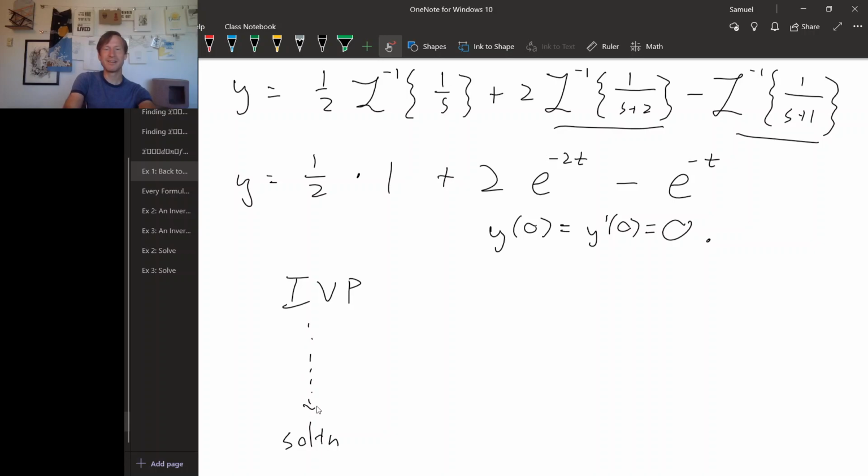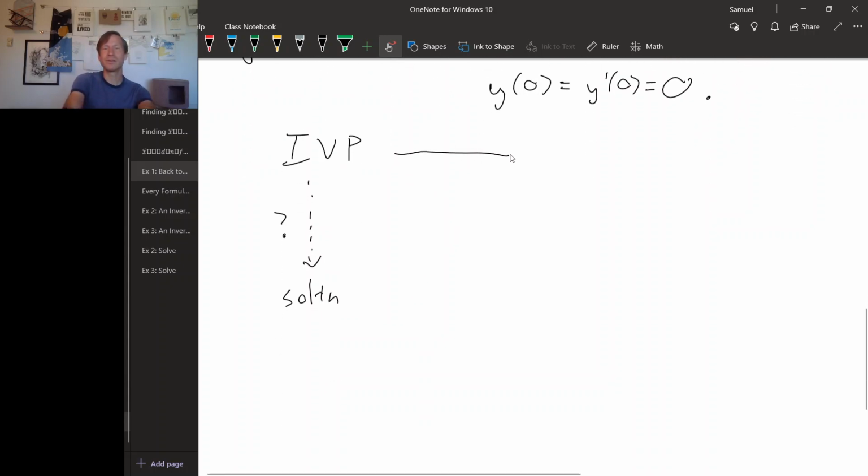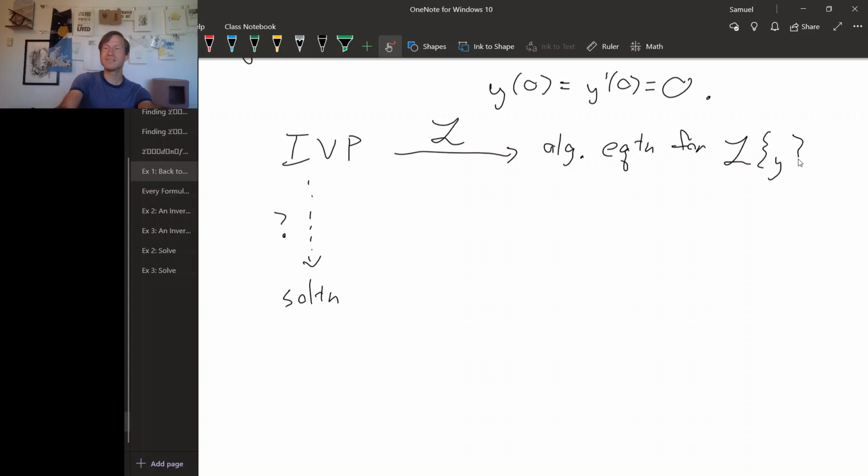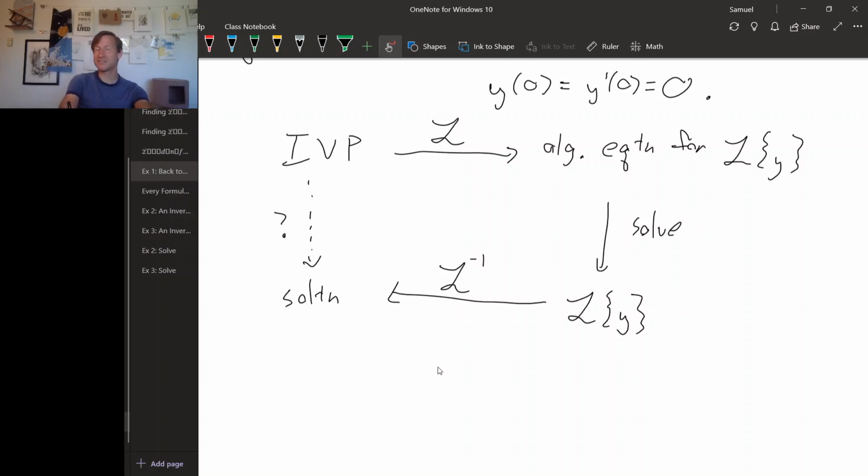The direct route is sometimes too hard or impossible, but the idea with the Laplace transform is that when you take it, you get an algebraic equation for the Laplace transform of y.